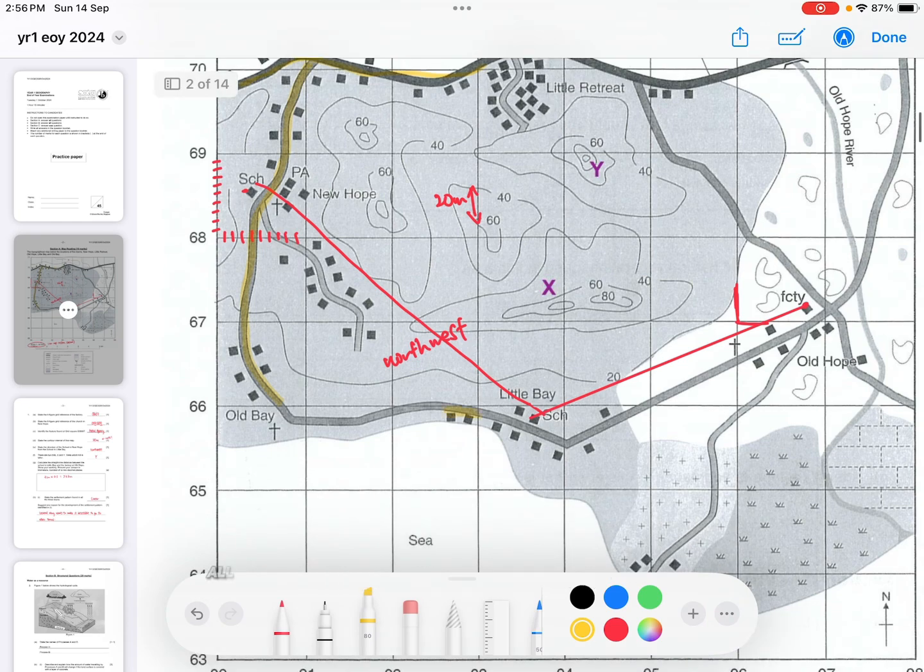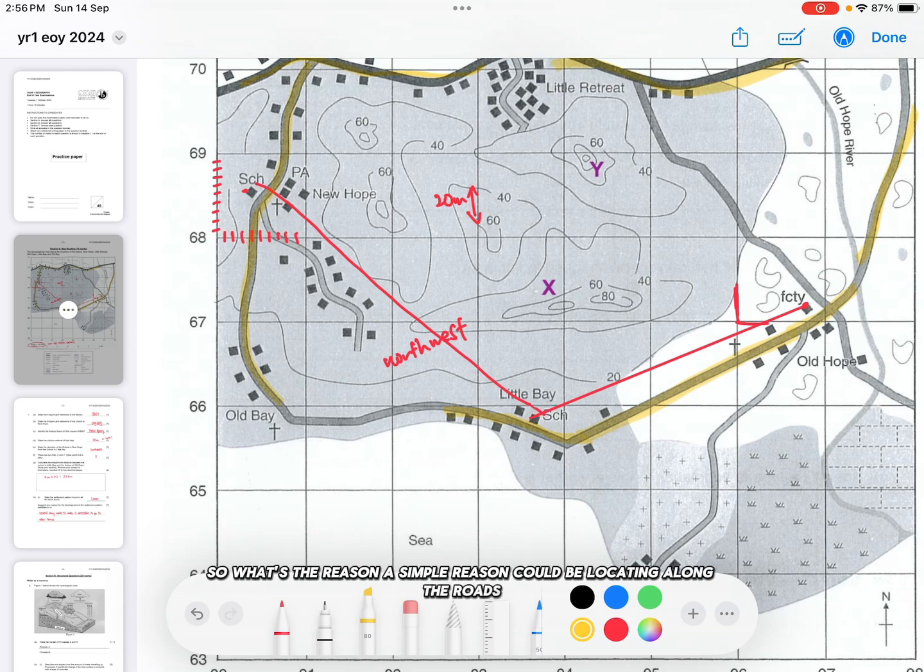All these settlements are developed along the road. A simple reason could be that locating along the roads makes it easier for people to go from one place to another, or from one town to another. So your answer needs to show understanding of why it is linear and why it is located along the roads.